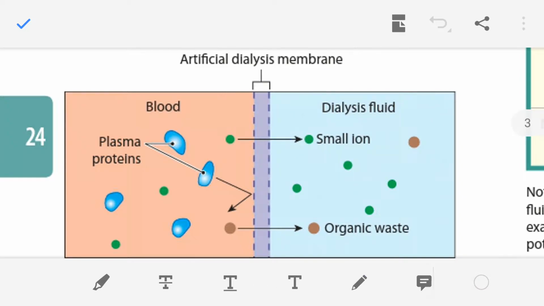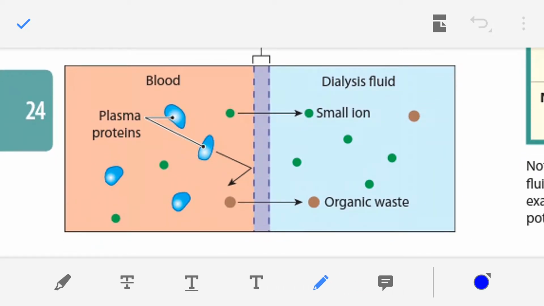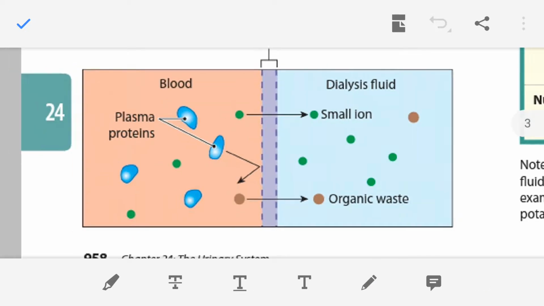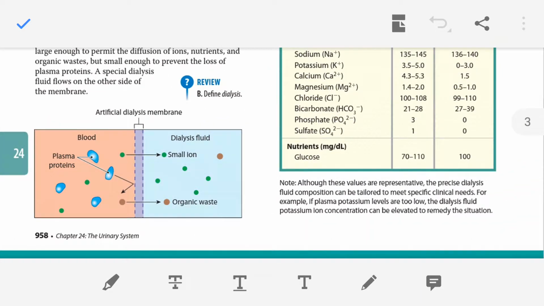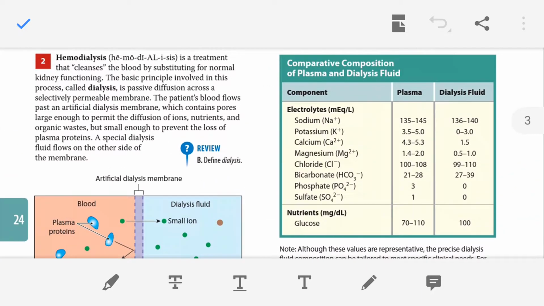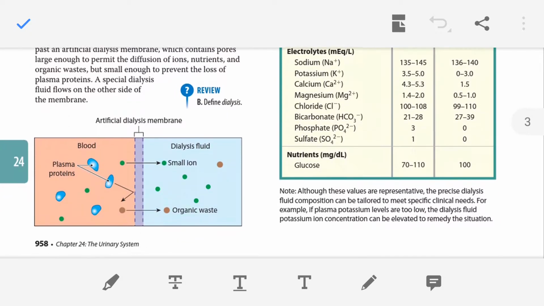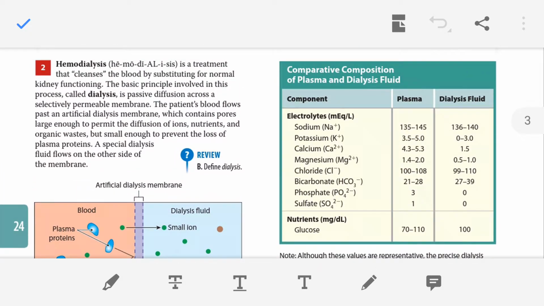Then the organic waste material is also diffusing through these pores. So from the blood, organic waste material is removed, passes through the pores, and enters into the dialysis fluid. This is the basic principle of dialysis, which takes place inside the artificial kidney.